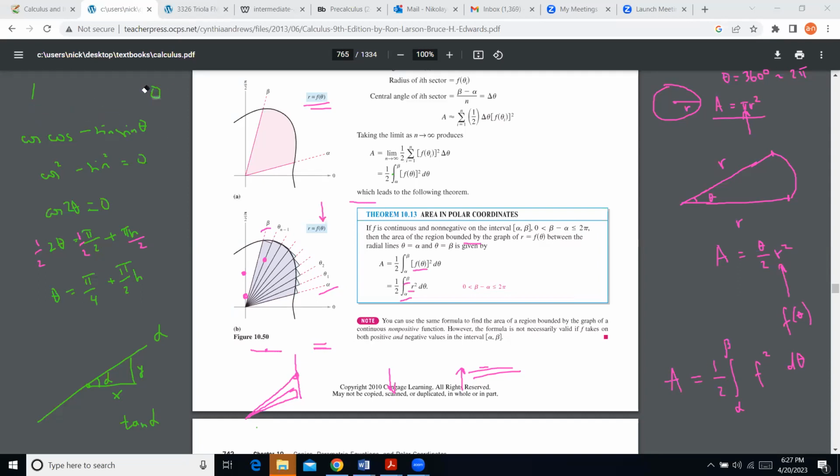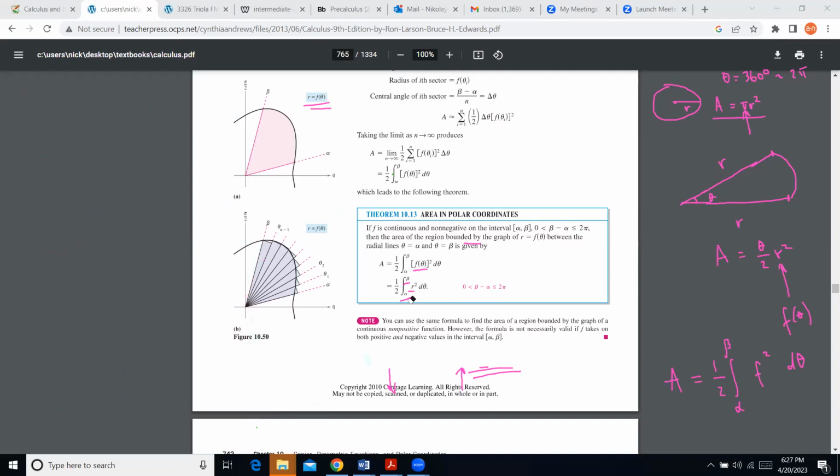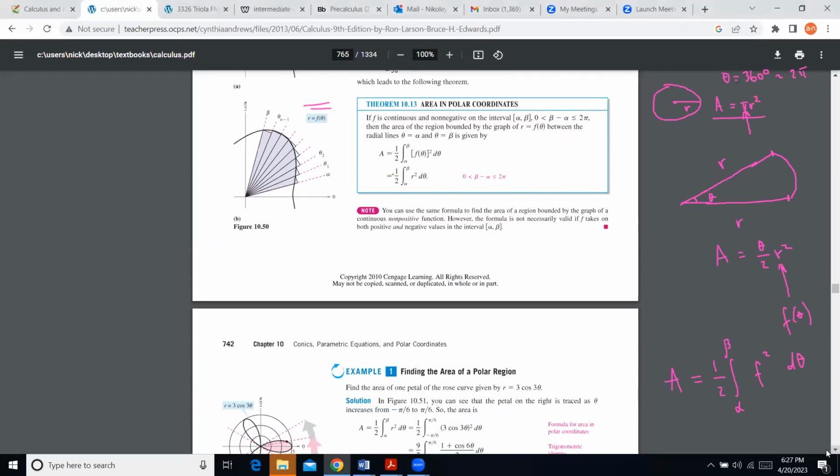That's quite interesting, right? So you can now find areas of various chunks of these curves in polar coordinates that are convenient to describe this way, and that are not functions in xy coordinates, but happen to be functions in polar coordinates, functions of the variable theta.